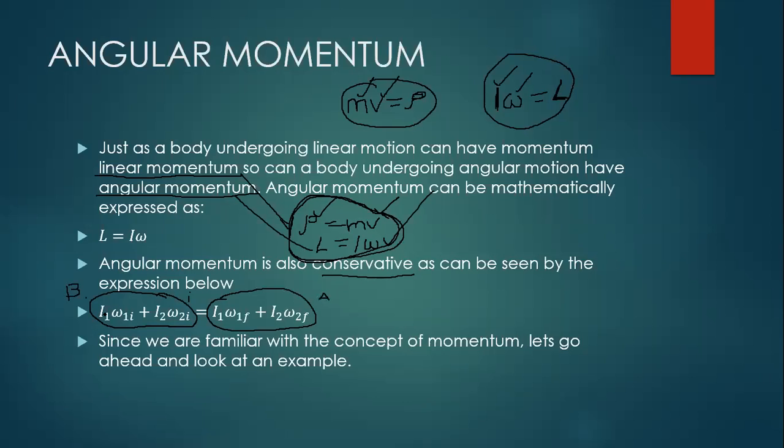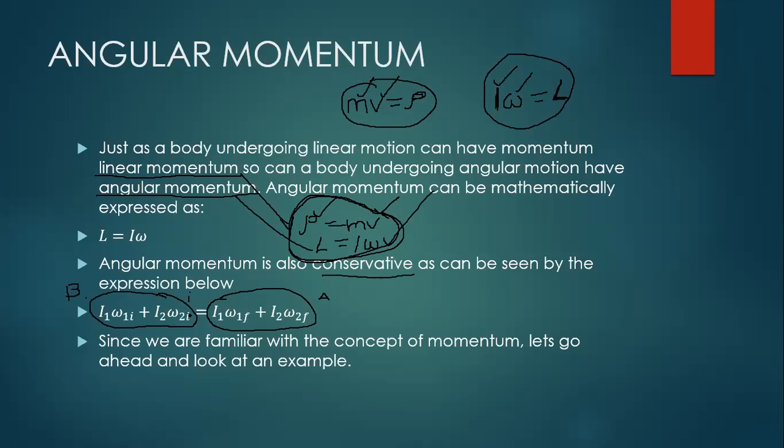If we have, for example, two masses that are colliding, and both of them are experiencing some rotational motion, we can add their momentum, getting the moment of inertia multiplied by the angular velocity initial, plus the moment of inertia times the angular velocity of the other one, initial, and this should be equal to the final momentum.